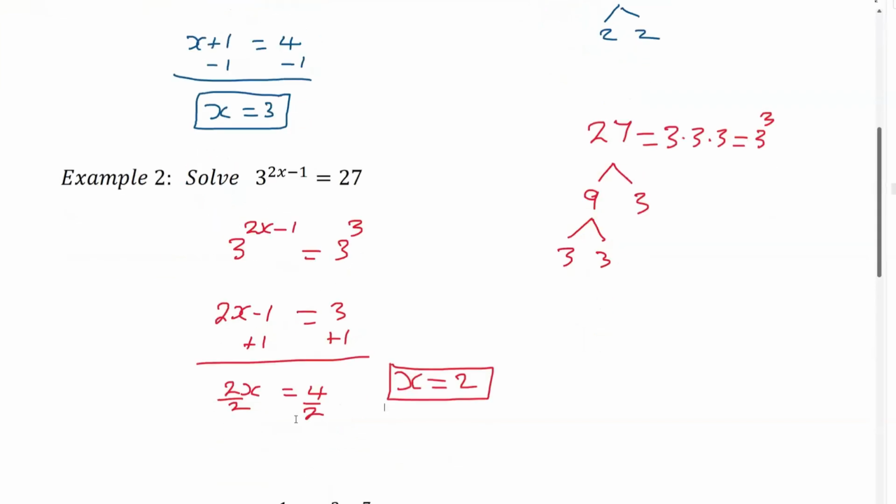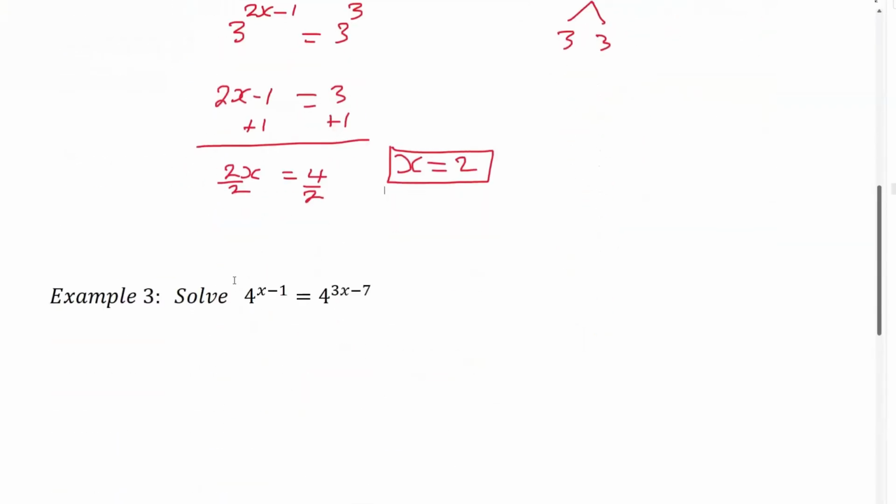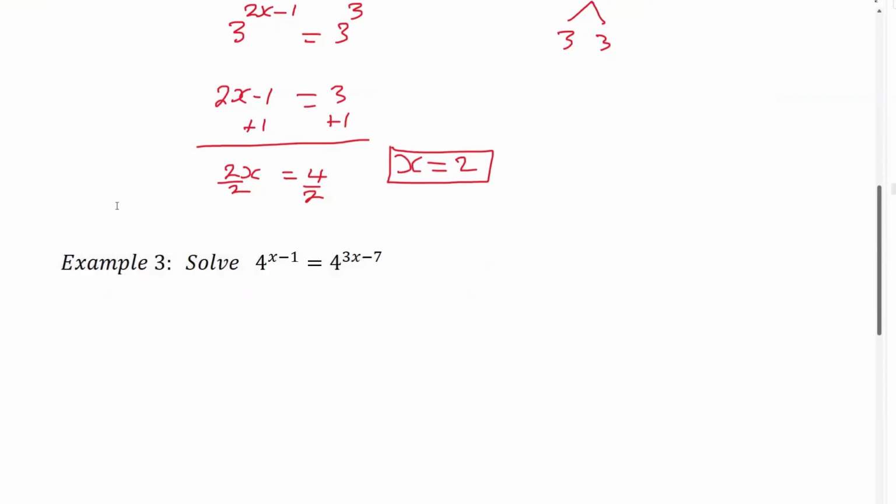All right, so we continue with another example. Same idea, we need the same base, and we set the exponents equal. So example 3 says solve 4 raised to the power x minus 1 is equal to 4 raised to the power 3x minus 7.